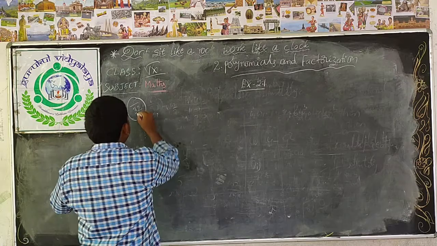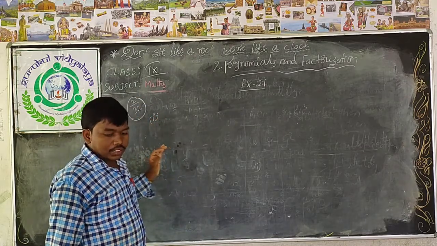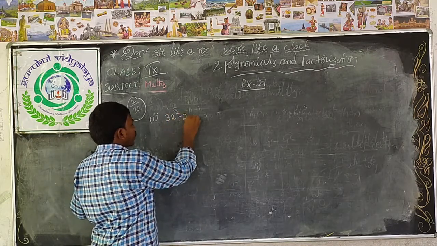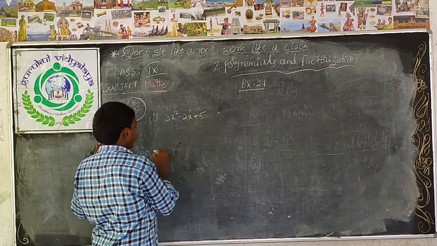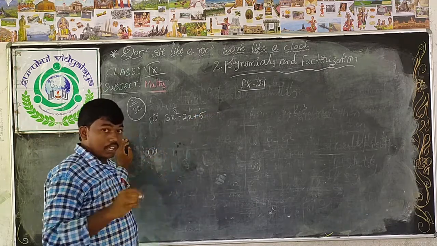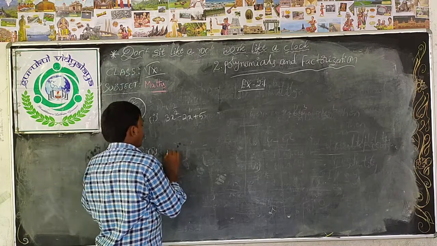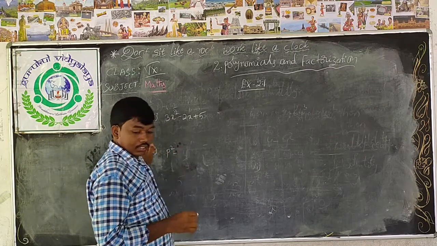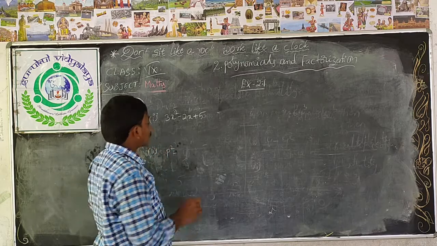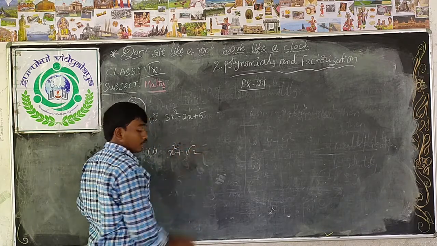First one, 3x square minus 2x plus 5. Second one, x square plus root 2. First we will tell whether it is a polynomial in one variable or not.